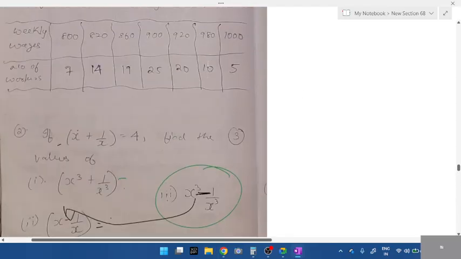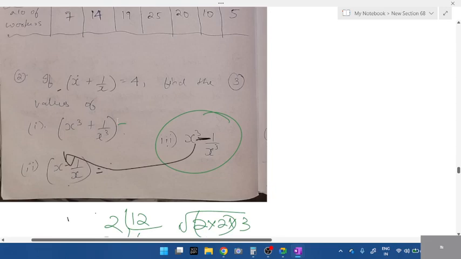Okay, what was the answer we got for this? I'll tell you. x cube minus 1 by x cube. What was the answer? Previous response. x, x cube. No, no, for x cube plus, the first one.